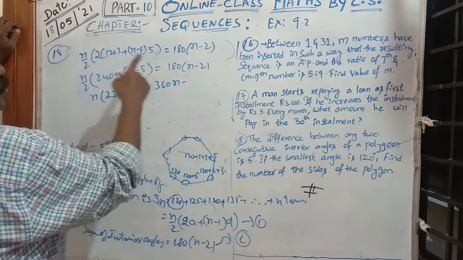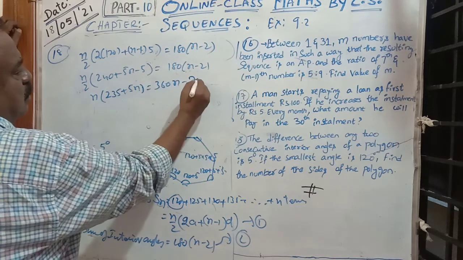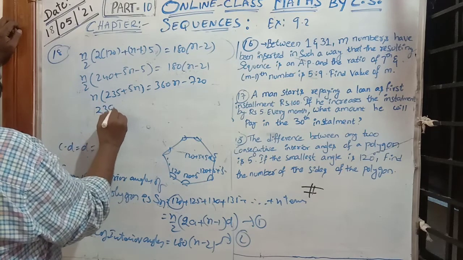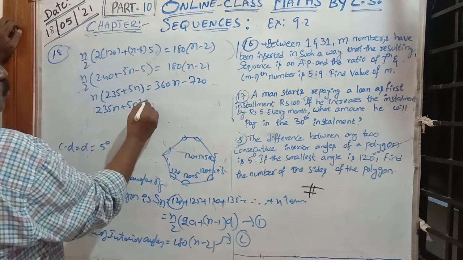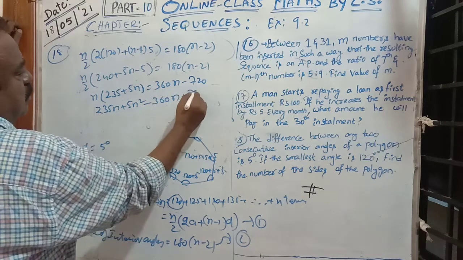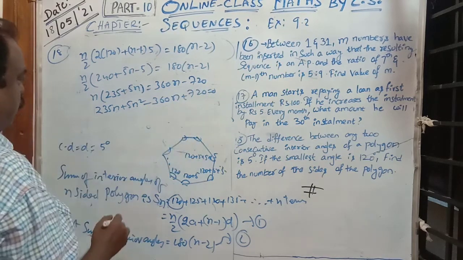Don't confuse, 2 into 180, 360 into 2 is 720. This is 235n plus 5n square minus 360n plus 720 is equal to 0.